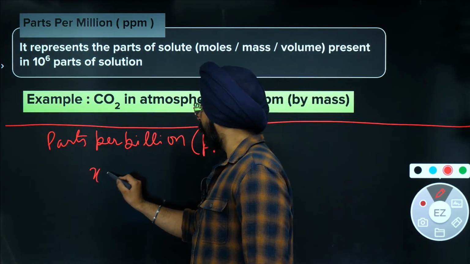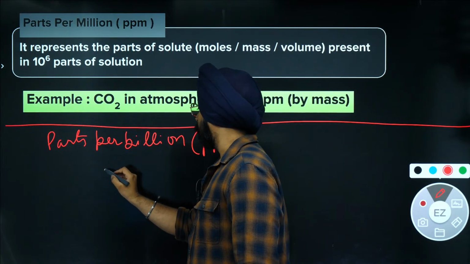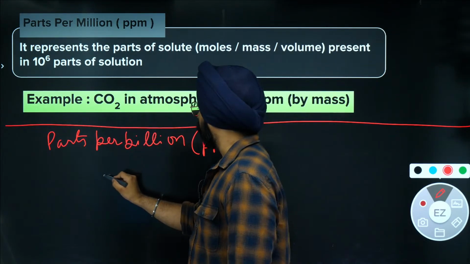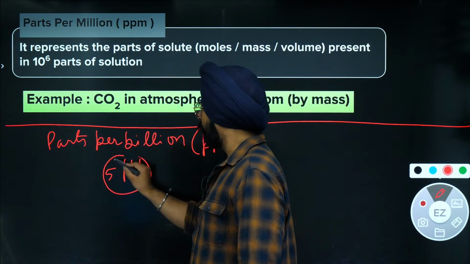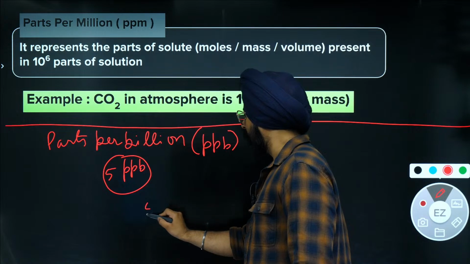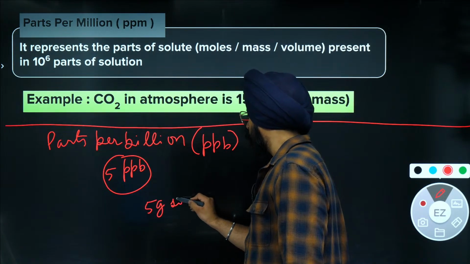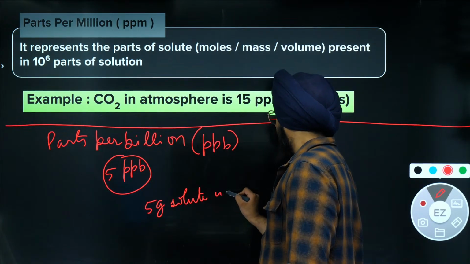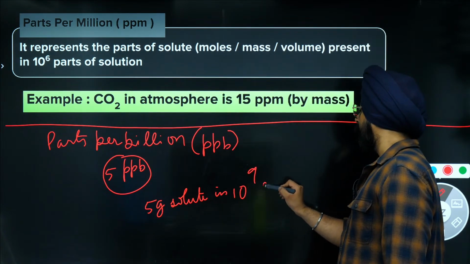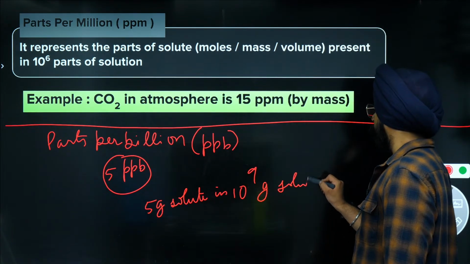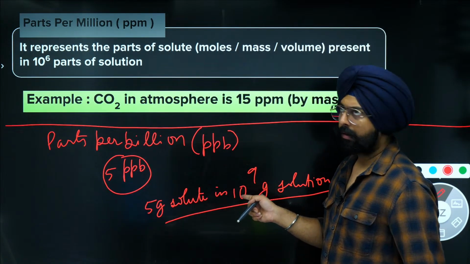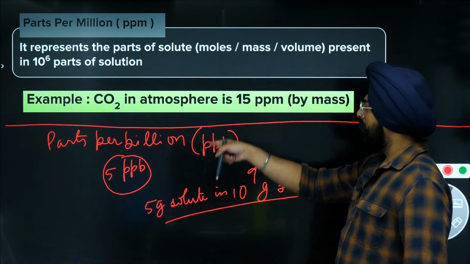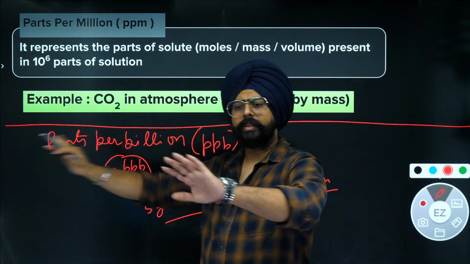So let's take a random example, 5 parts per billion. How do you read this? Basically this means 5 grams of solute in 10 to the power 9 grams of solution. So billion gives 10 to the power 9. Million was 10 to the power 6. This is 10 to the power 9. Rest of the things remain the same.